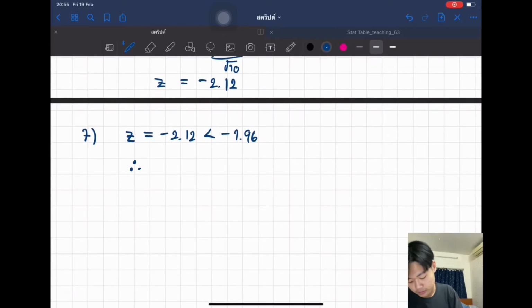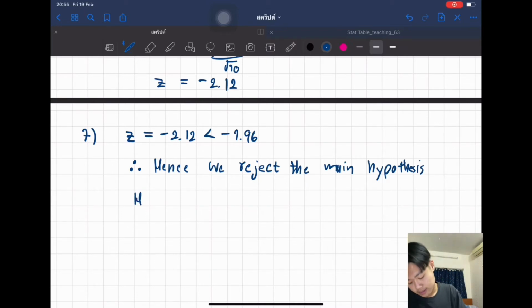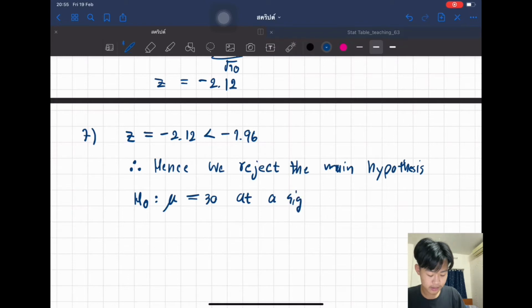So, hence we reject the null hypothesis H sub 0: mu equal 30 at a significance level.